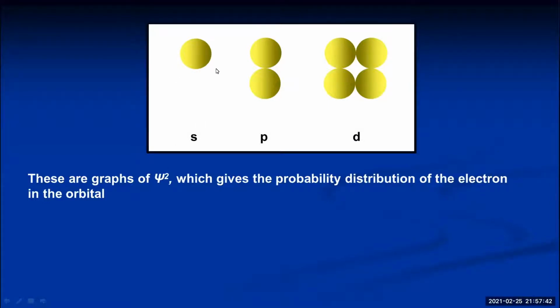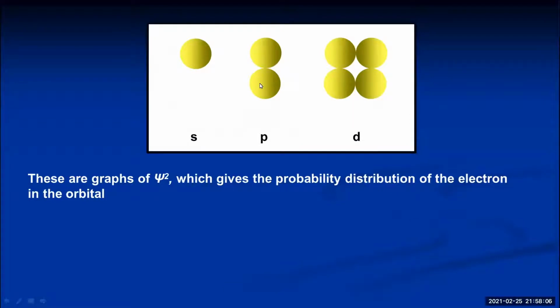Now if it's the wave function from the first energy level, it's small. If it's the wave function from the second energy level, it's bigger. Third energy level, even bigger. But the wave functions for s orbitals, when you square them and graph them, always come out a picture like that. If you have the wave function for a p orbital and you square it, the graph always turns out to have a highly probable region at the top of the nucleus and a highly probable region at the bottom of the nucleus.